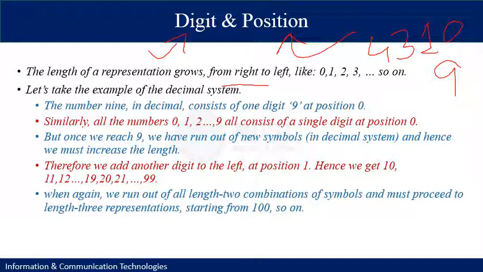But once we reach the number 9, we do not have any extra symbol to represent our next number in the system. Therefore, we reached 9 by counting the numbers from 0, 1, 2, 3 up to 9. As you can see, for counting each number we added 1 to the previous number.